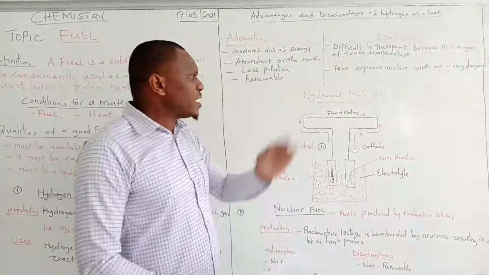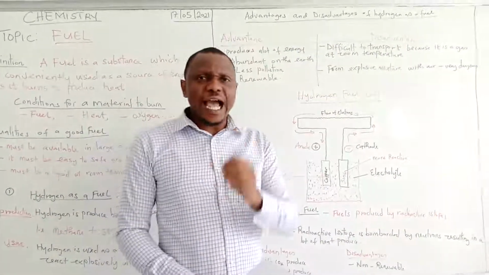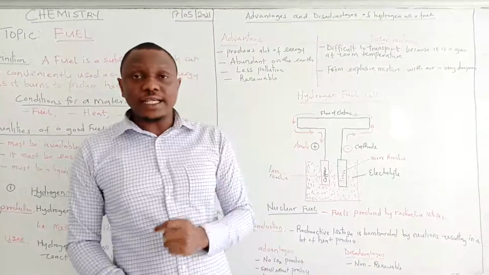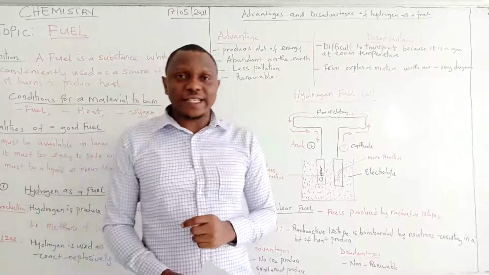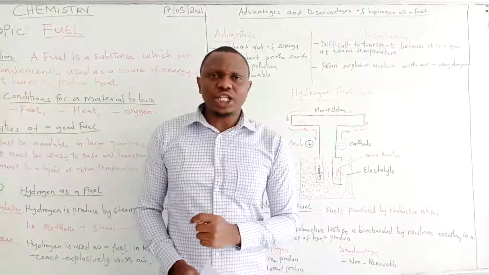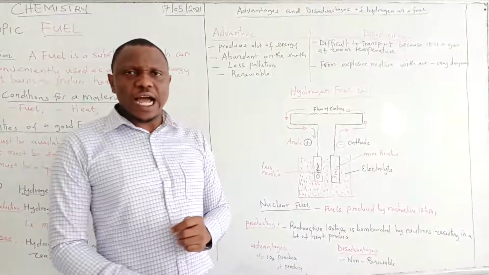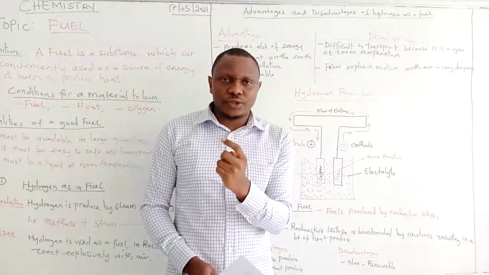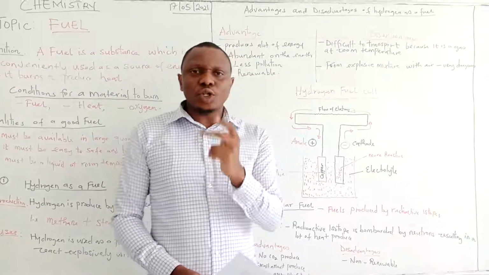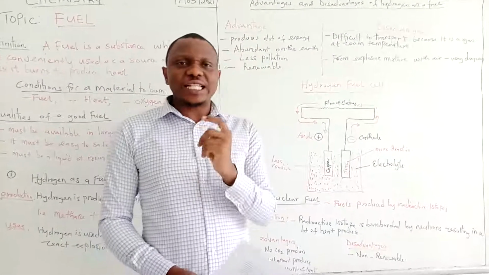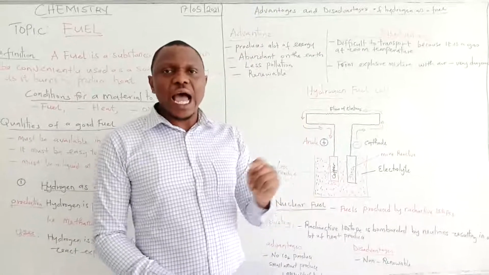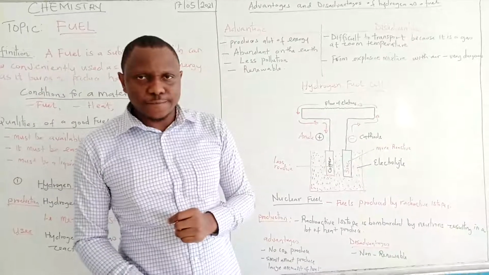Now, what is a cell? A cell is a device that converts chemical energy to electrical energy, and it is composed of two metals of different reactivity connected to an external circuit and the electrolyte.